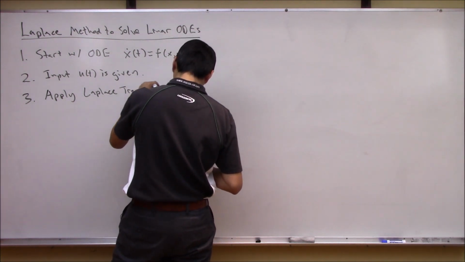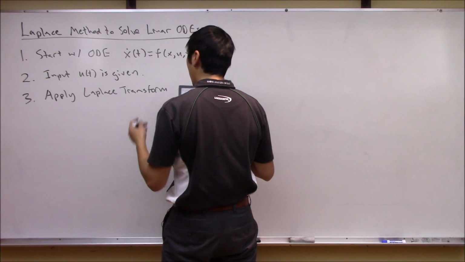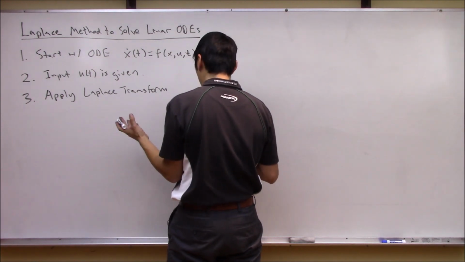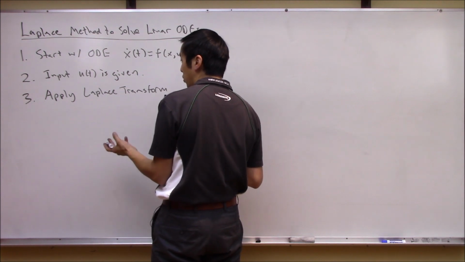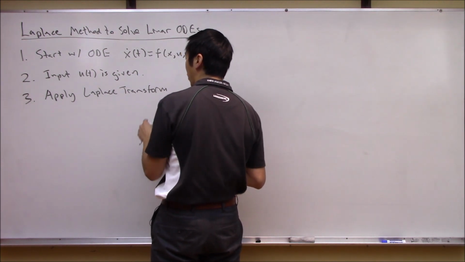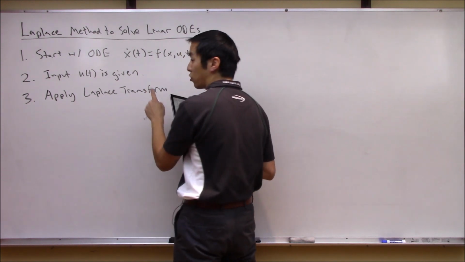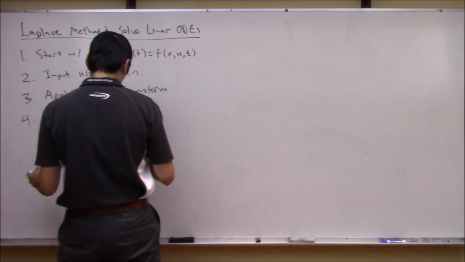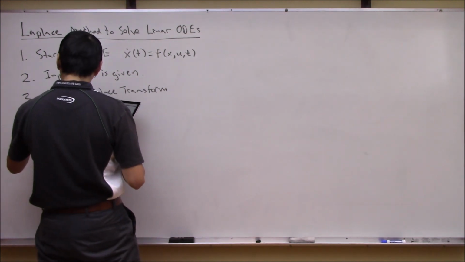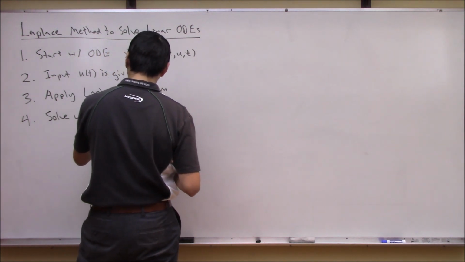And what that's going to do is allow you to use algebraic techniques instead of differential equation techniques to solve for x of s, because it's going to take all those derivatives and turn them into s's in the Laplace domain. So step 4 then is you solve using algebraic techniques.